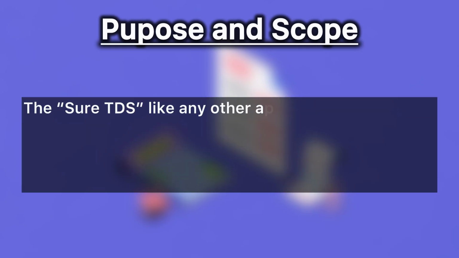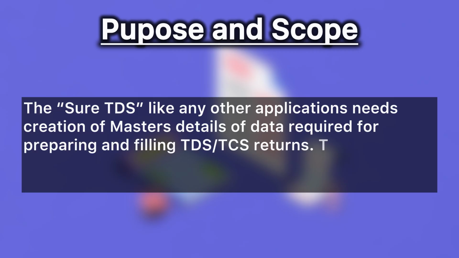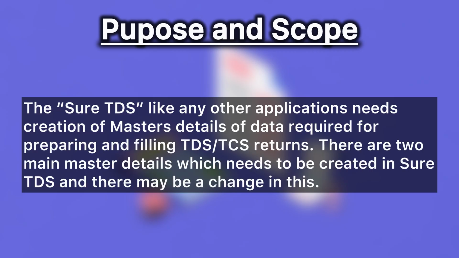Now let's discuss the purpose and scope of this discussion today. Like any other software, Sure TDS needs to be filled in with the master information. When we talk about master information, we are talking about two main types.